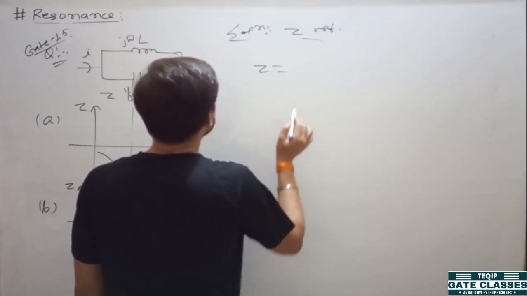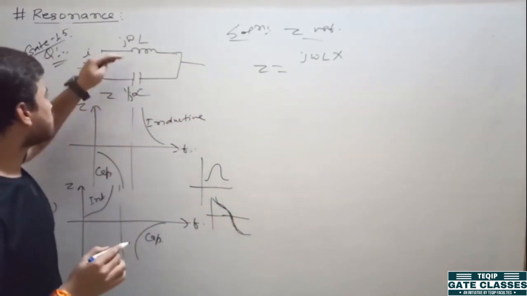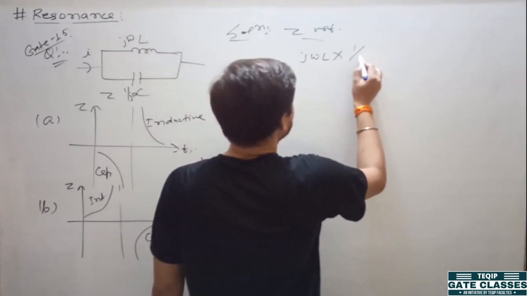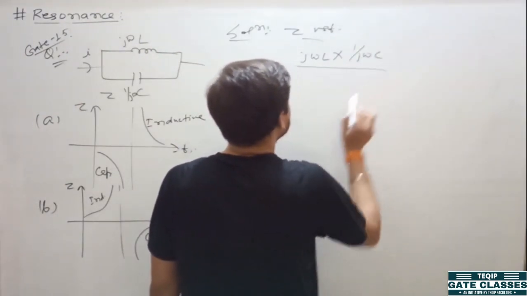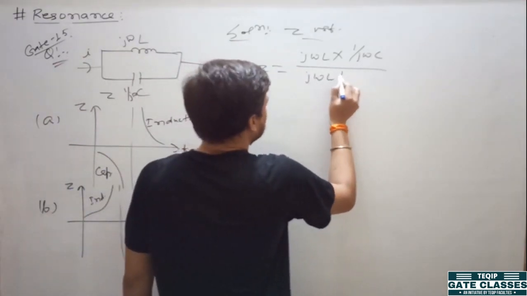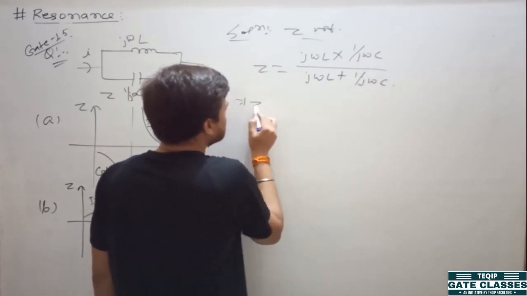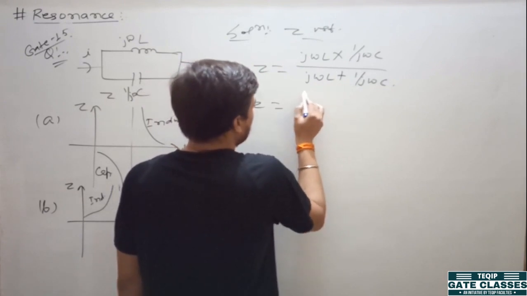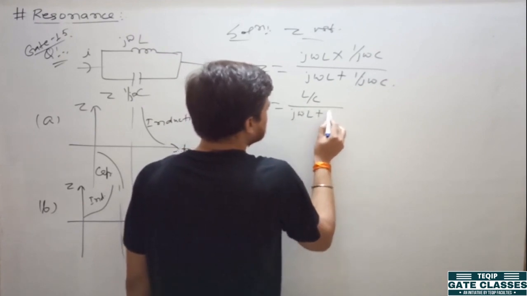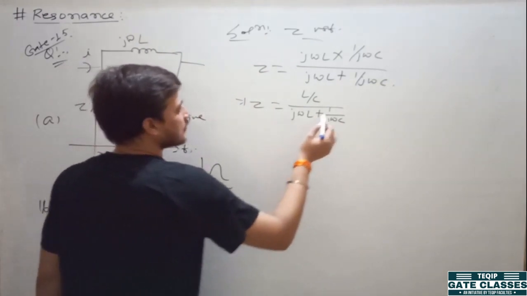So Z will be equal to, these two branches are in parallel. So here it will be j omega L into 1 upon j omega C divided by j omega L plus 1 upon j omega C. So from here Z is coming L by C divided by j omega L plus 1 upon j omega C. Or you can write, take j as common.